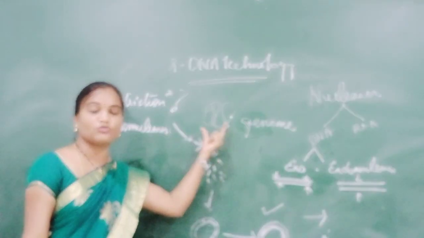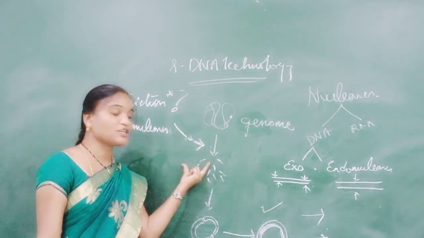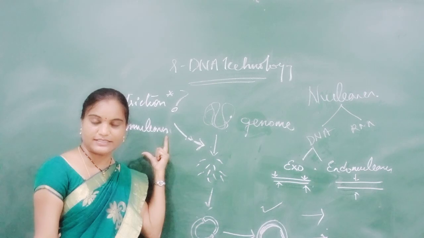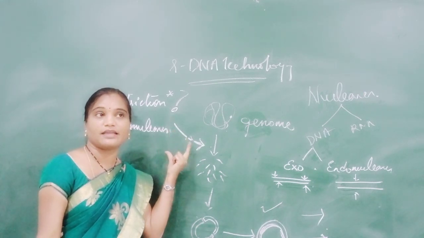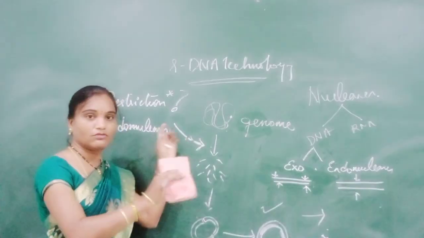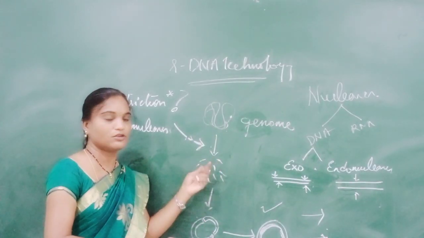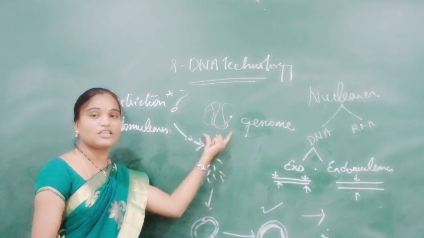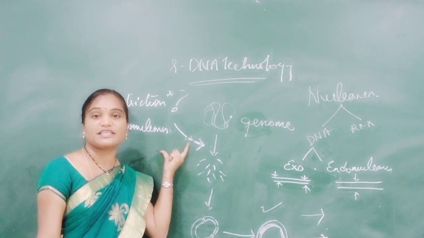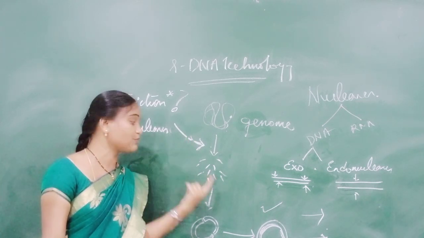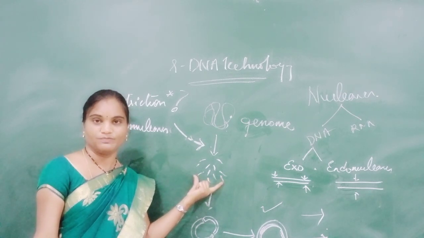So the whole genome of an organism is subjected to restriction endonucleases. This is the foremost important thing in simple basic terms, as this is your first session for rDNA technology. The whole genome is subjected to digestion with restriction endonucleases, so that it produces different fragments of DNA.